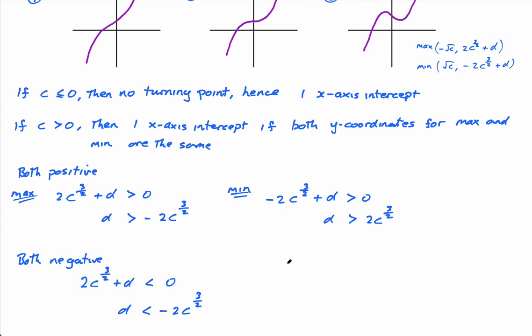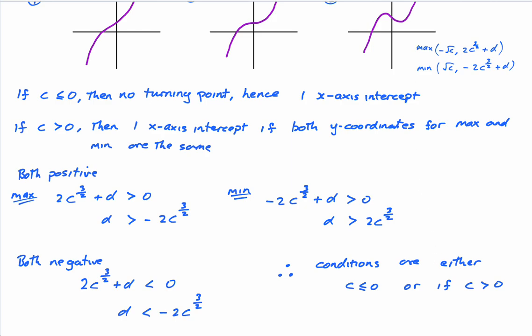Okay, therefore, all the conditions are either c is less than or equal to 0. That's the first one. If that's true, we're good. We've got one x-intercept. Or if c is greater than 0, so let me write this properly.